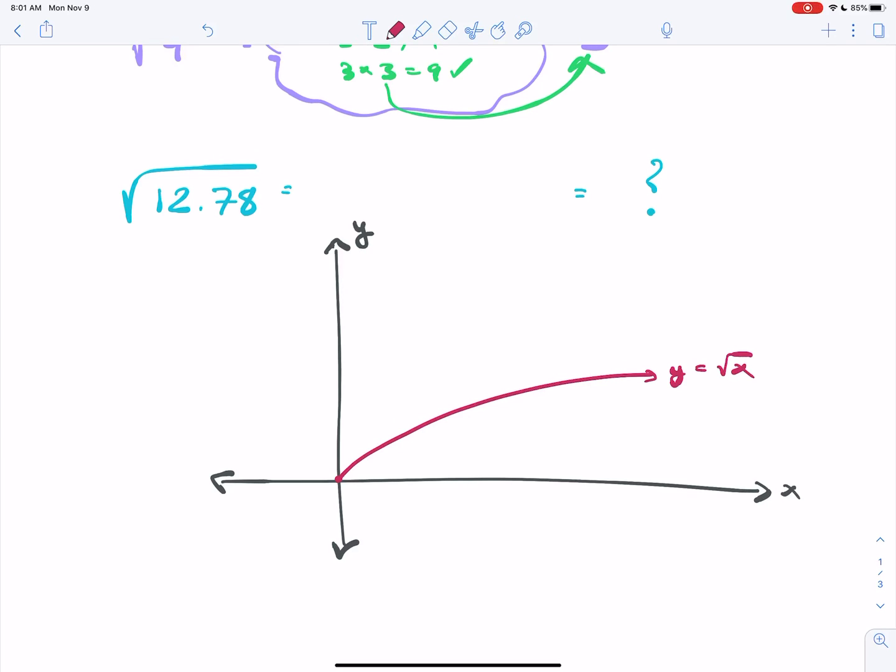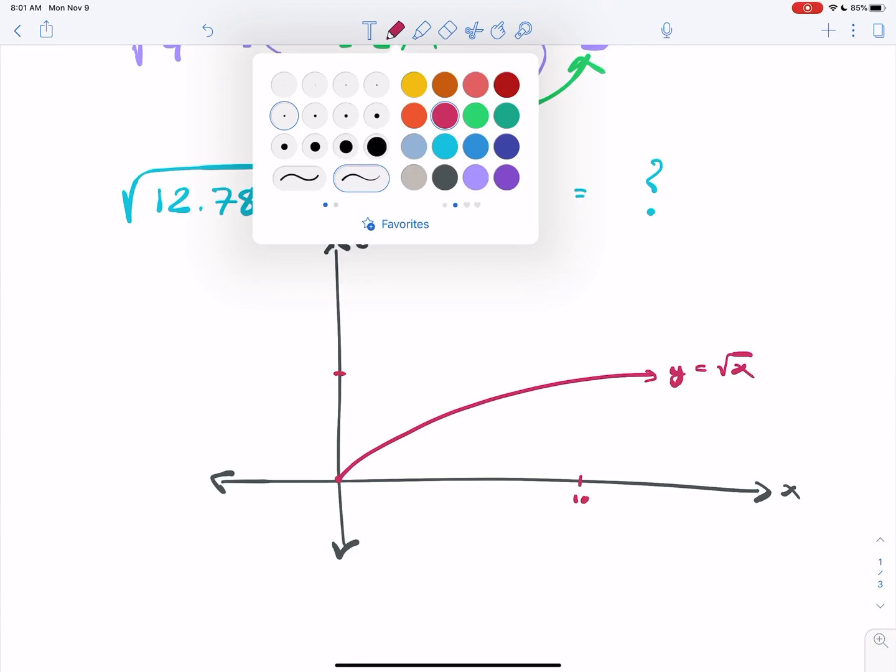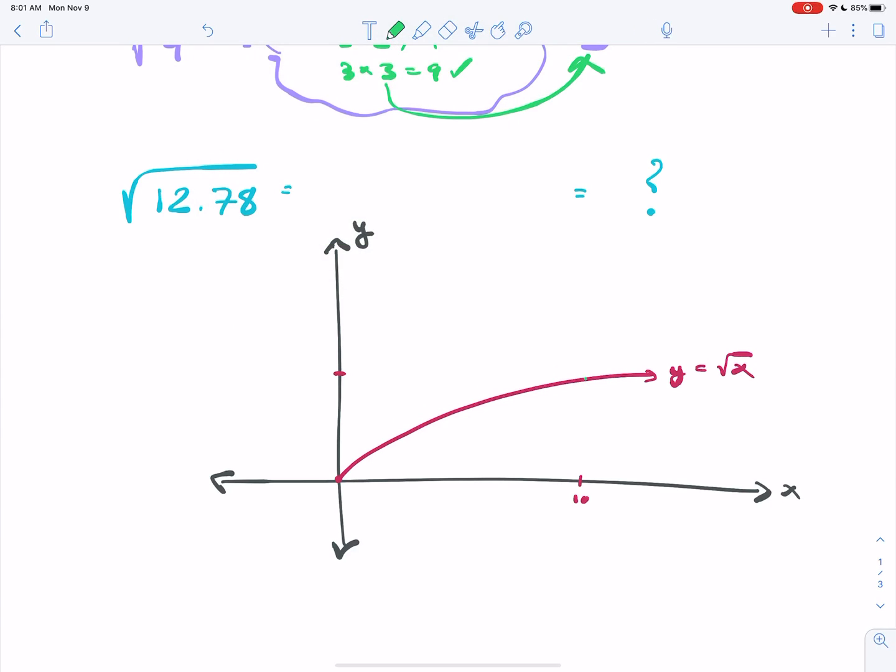Let's say we wanted to figure out what the square root of 10 is, right? Whatever the square root of 10 is.